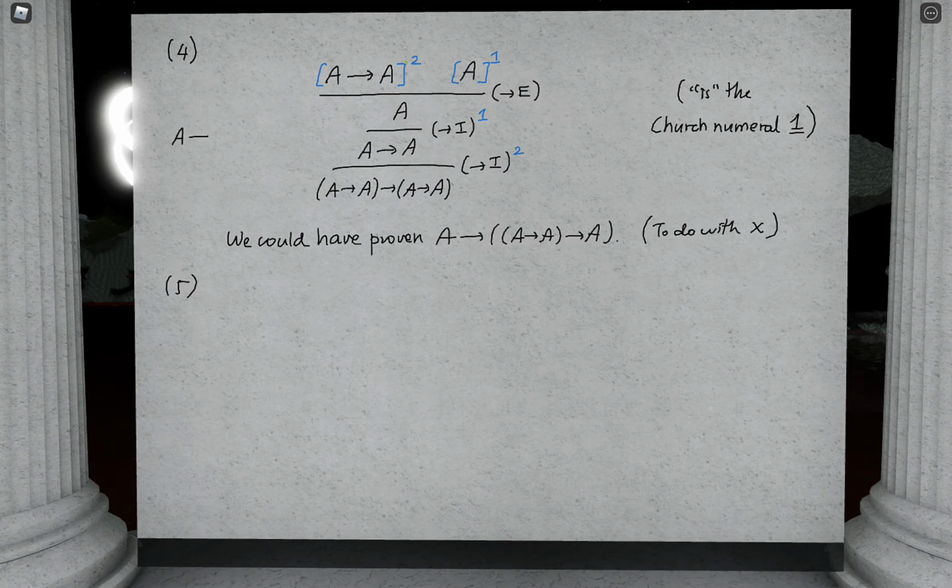We could do A implies A. From that, deduce, so this is a proof of A implies A from hypothesis A implies A. So by the same argument as was used in 2, we can use it to produce a proof of A implies A implies A implies A. Okay, so then you can ask, are these the same proof?